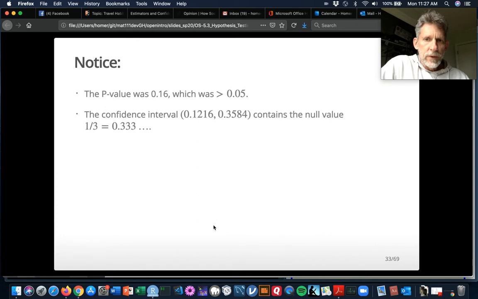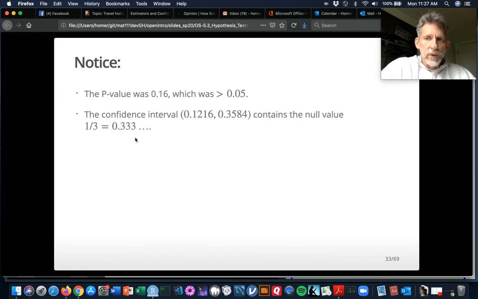And notice two things. The p-value for the hypothesis test for this situation was 0.16, which was above our alpha level of significance of 0.05, so we weren't going to reject the null hypothesis. And notice that the confidence interval that we just made, the 12 to 35%, contains that null value of 33%.